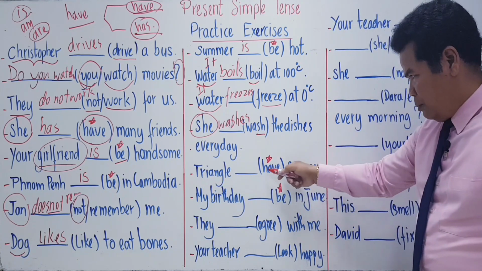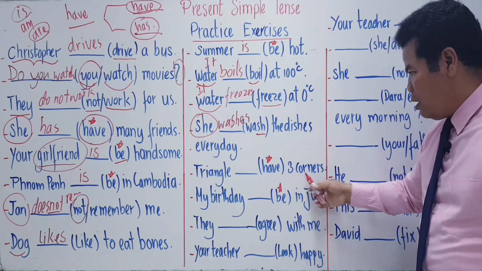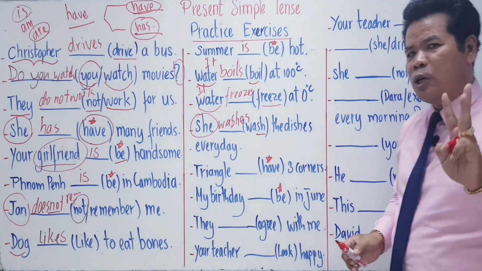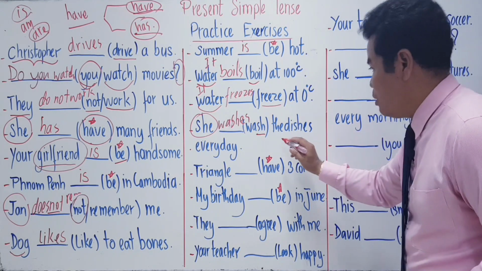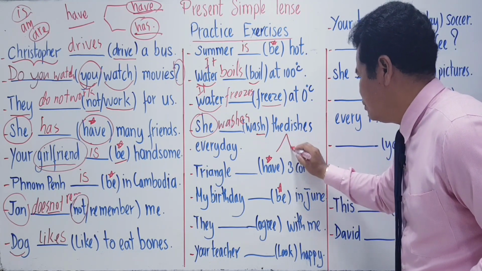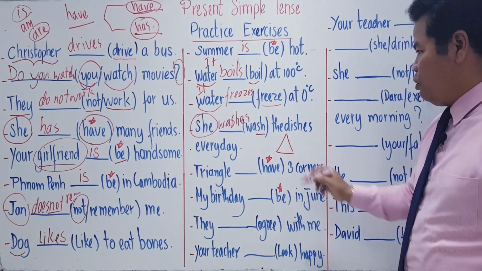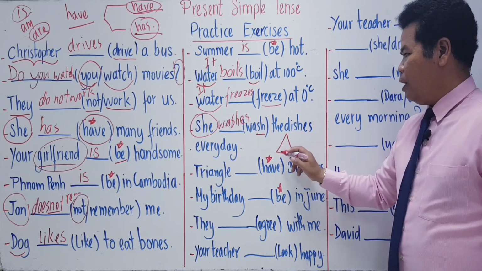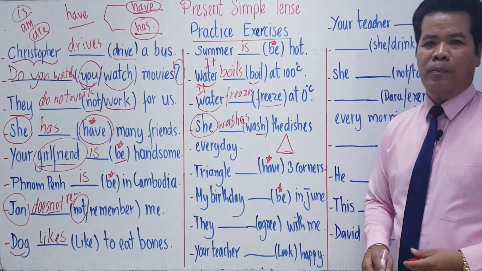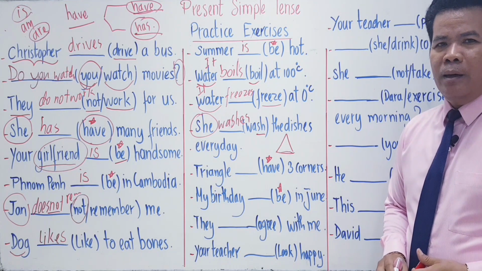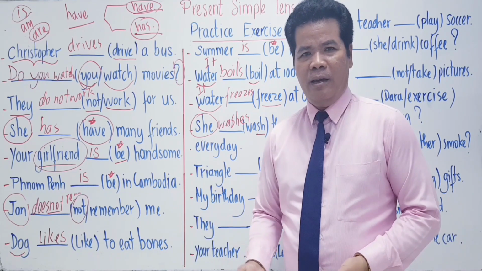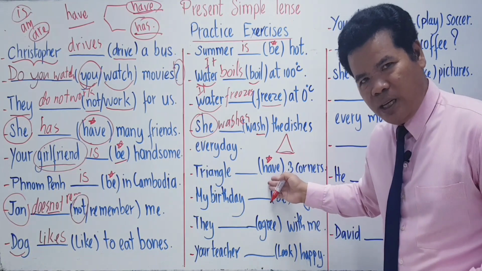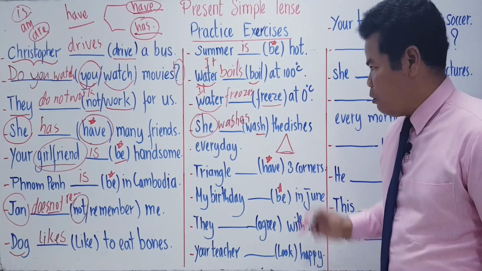Triangle, have 3 corners. 3 corners. So what is a triangle? How many corners do you see? 1, 2, 3. 3 corners. Is it true? Is it a fact? Yes, it's a fact. That's why we use present simple tense here. Alright? Now look at this one.